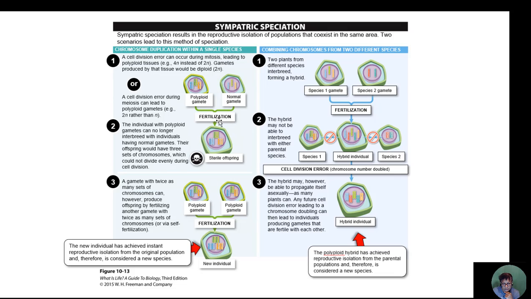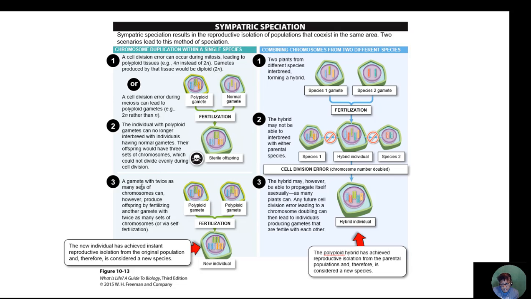You can go on to fertilization, and now the individual with polyploid gametes can no longer interbreed with other individuals having normal gametes. Their offspring would have 3 sets of chromosomes, which could not divide evenly during cell division. In that case, the offspring is sterile. They go on to live, however, their offspring are completely sterile.